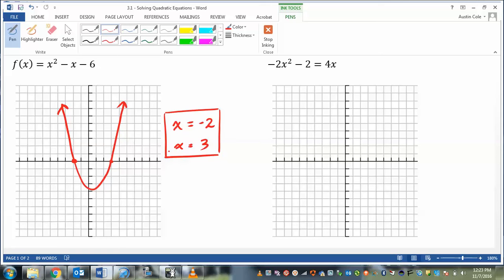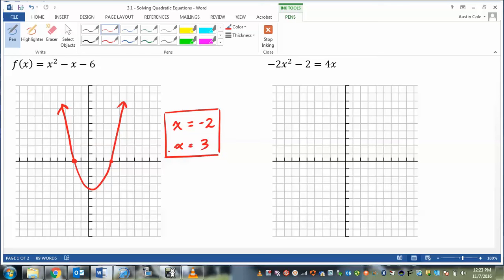Okay. Can I just type that in my calculator just like that? No. What are we going to have to do here, Rachel? I think we're going to have to move the 4x on the other side. Okay, could we move 4x to the left? Would that be okay? Yeah, it would. Guys, anytime it's possible, I would prefer having our a value be positive.